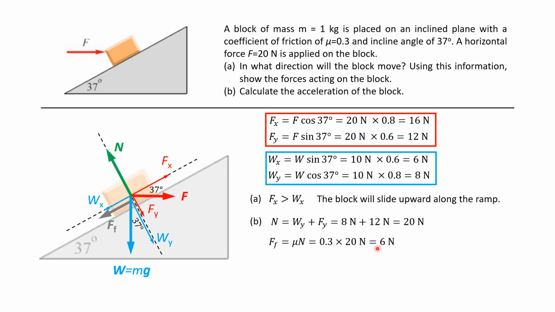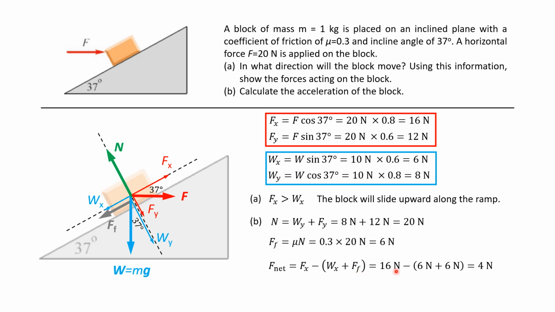Now let's go back to our x-axis and identify the net force. Because the block is moving in this direction, the net force is F sub x minus the sum of W sub x and the friction force.